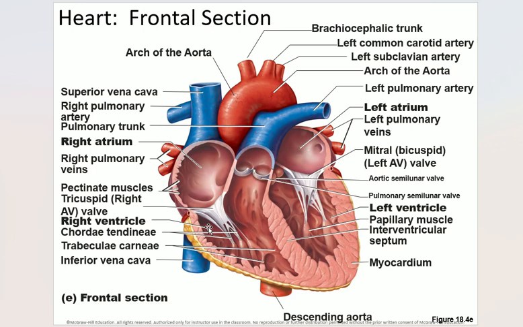Okay, we have two more valves. We have our pulmonary semilunar valves. So those are right here. They are half moon shaped, and they are going to the pulmonary trunk, right? So remember, pulmonary, lungs.